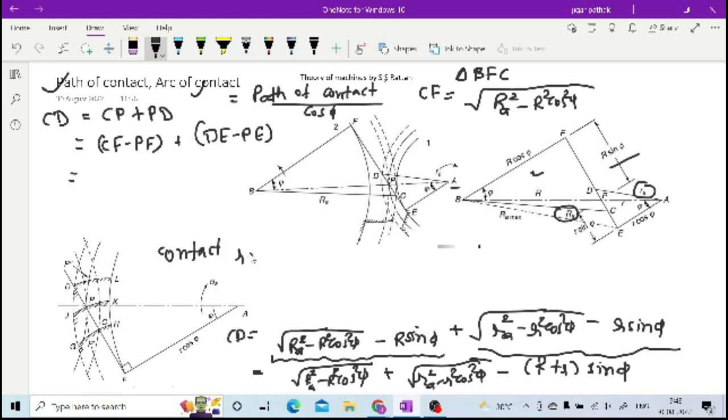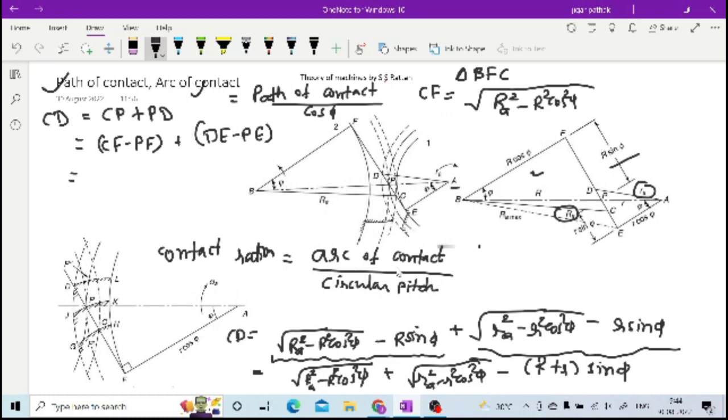Contact ratio is nothing but the arc of contact divided by the circular pitch. Circular pitch we have just discussed: pi d by t.